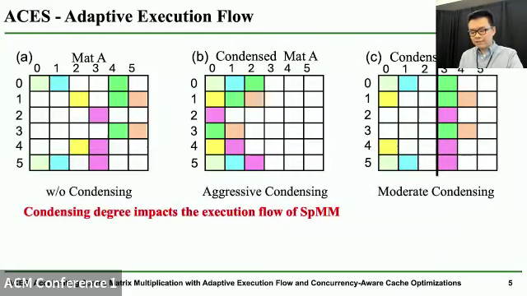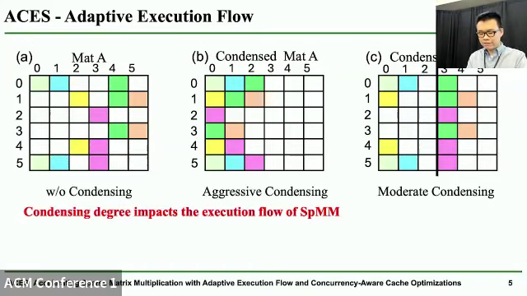First, we dynamically tune the condensed matrix representation for matrix A to implement the adaptive execution flow. Figure A shows a normal sparse matrix where no condensing is applied to matrix A. Figure B shows aggressive condensing for matrix A, which involves shifting all the non-zero elements to the leftmost columns.